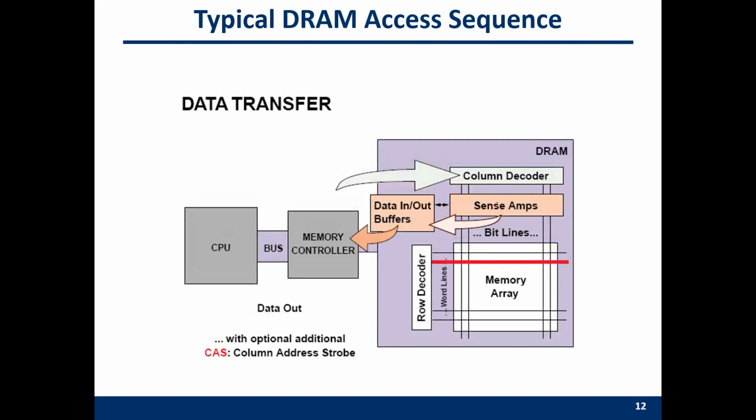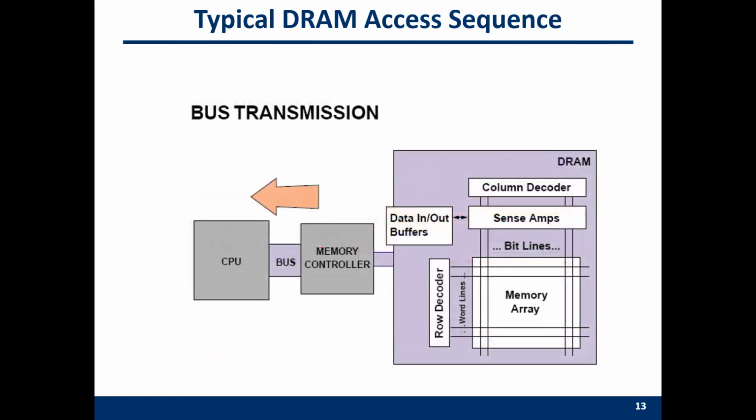And then the DRAM chip will send the data the memory controller asks for to the memory controller. This is the so-called transfer. And eventually the memory controller will send the data back to the CPU.